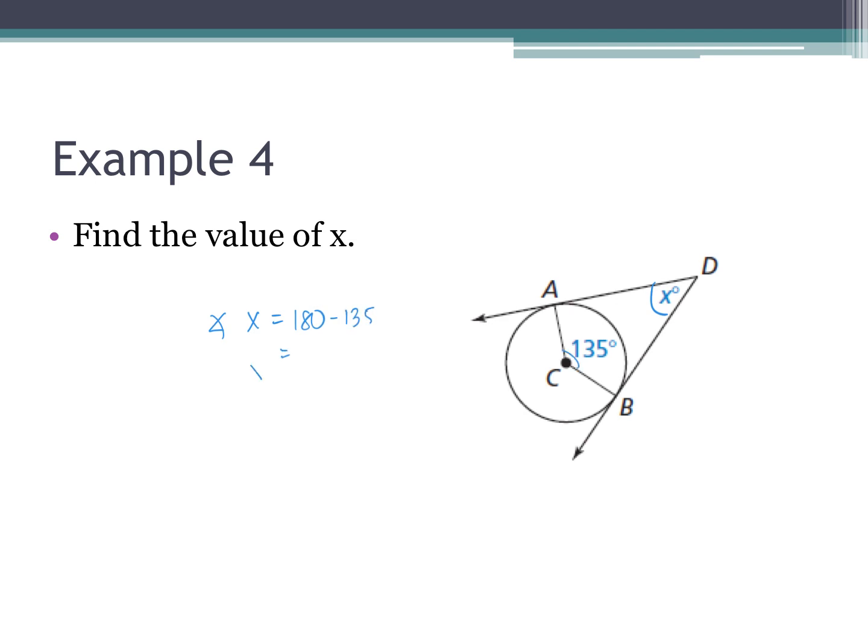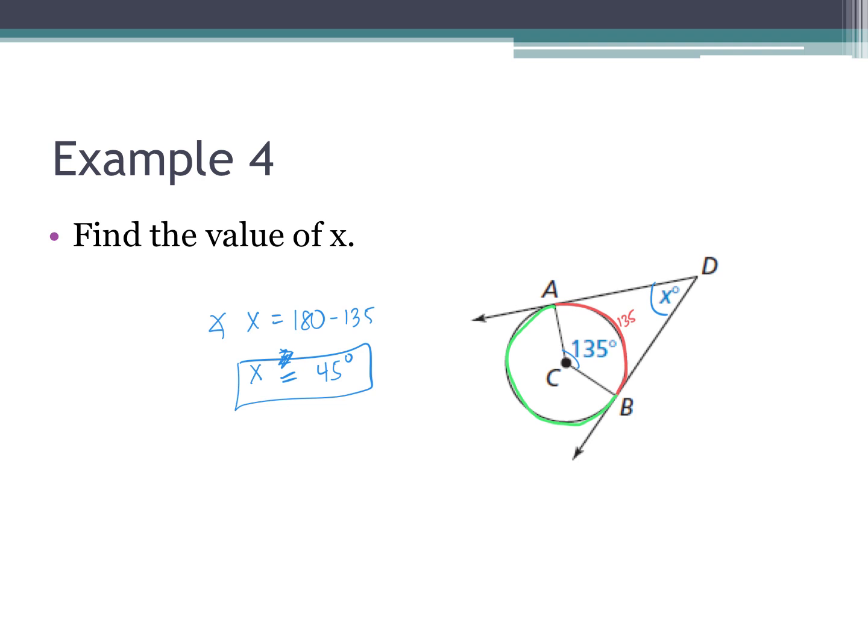So x is going to equal 45 degrees. And so that's your answer. That's the shortcut method. If you were to do it the long way, notice this is the little arc. The big arc would be from A to B this way. This arc would be 135.